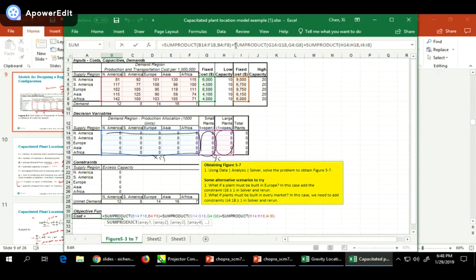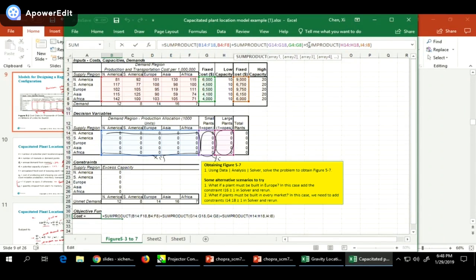And then the second term is the sum product of small plants decisions, so whether I open the small plants, multiplied by their corresponding fixed cost. So this is part of the Fi multiplied by Yi.